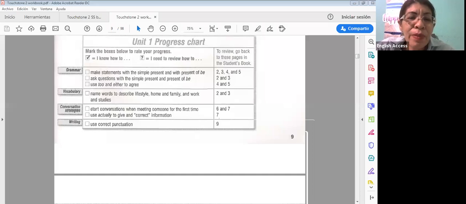It says, start conversations when meeting someone for the first time. This is about lesson C. Maybe you remember in lesson C, we had a conversation, and above the conversation, we had a list of topics. Do you remember what are some good topics to start a conversation?